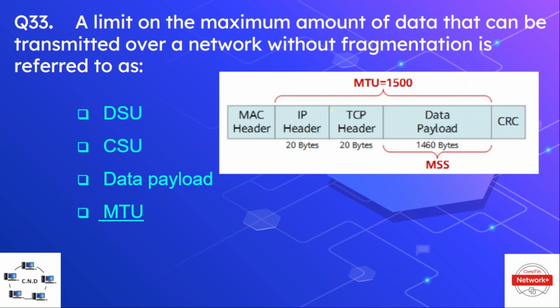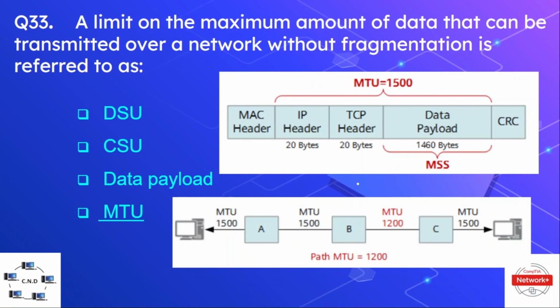Here we can see the IP and TCP headers and the data payload. The data payload is known as the MSS, that is maximum segment size, and this plus the headers makes up the MTU, which is typically 1500 bytes.